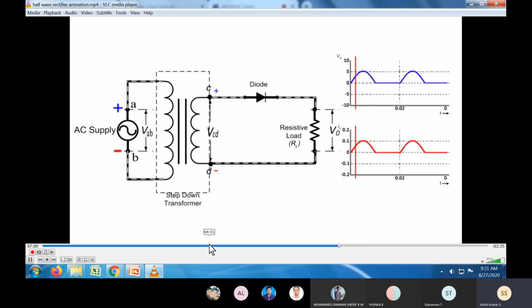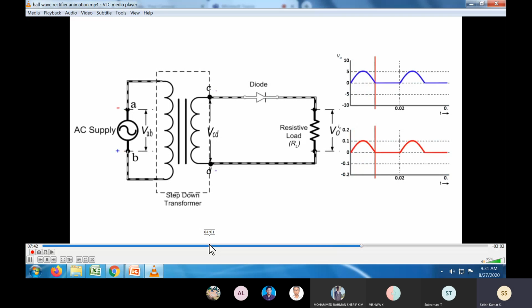This positive cycle appears across the load and current flows through the load resistor RL. This current varies in magnitude as shown here. In this way, the positive half cycle of output voltage V0 equal to I times RL appears across the load resistor RL.